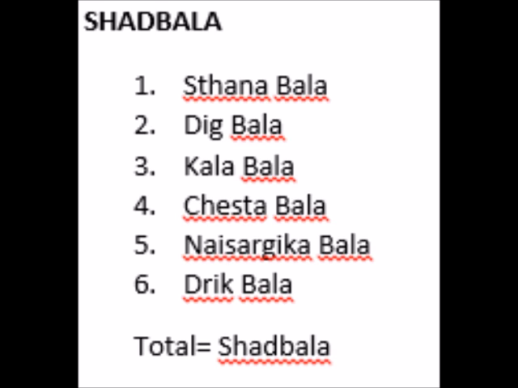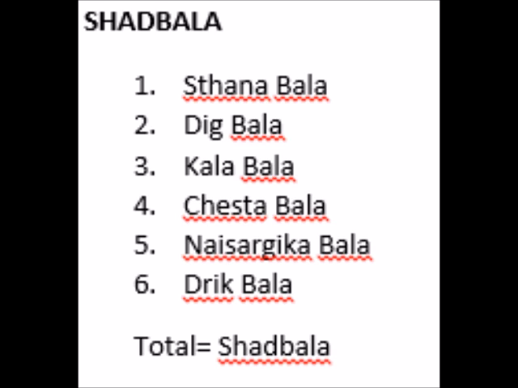So this strength is calculated for the position of the planet related to what sign it is, and it gets maximum points when it's in its own sign, and it does not get high points when it's not in its own sign, or it gets very low points when it's sitting in an enemy sign. So Sapta Vargaja Bala constitutes that part of the position of the planet.